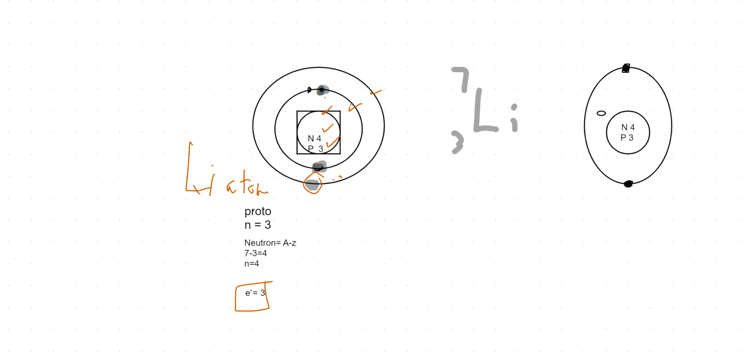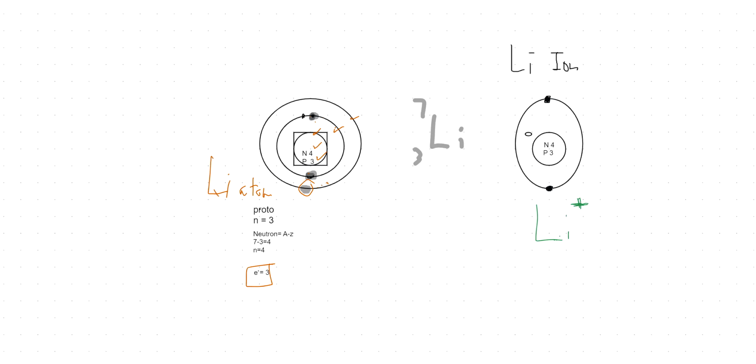So this is the structure of lithium. Lithium is this lithium atom. If I write it, it will be lithium atom. So this is for the lithium ion. Okay. Why? Guys, why? Who is going to tell me?